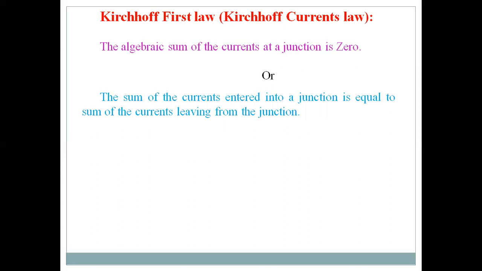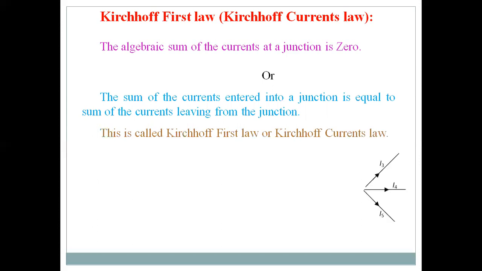How much current is passing through the cell phone charger can be calculated using this Kirchhoff First Law. So when we take a junction like this, in which two currents are entering the junction, maybe one from the transformer source and the second from the battery, but from the same junction we are connecting three outputs: maybe an iron box, a TV, and a cell phone charger.